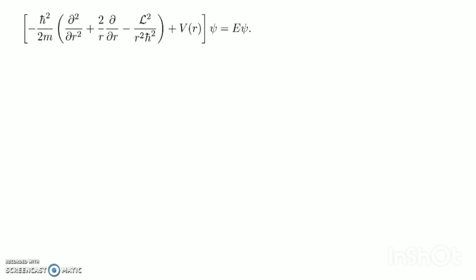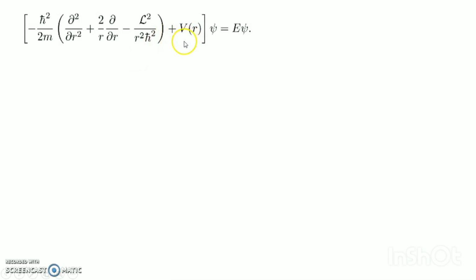So the Schrodinger equation becomes this, and according to the spherical symmetry, a Coulomb potential will be used for V(r).